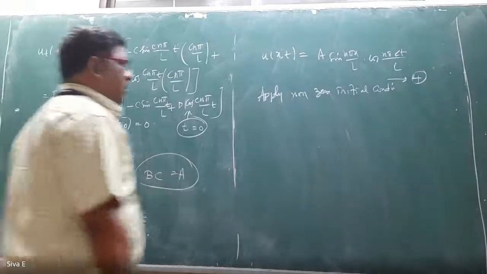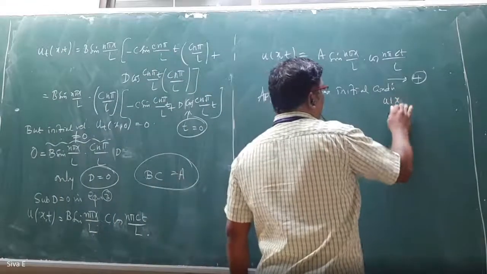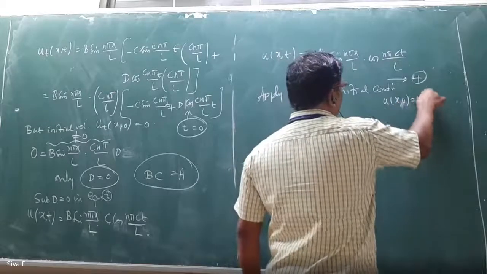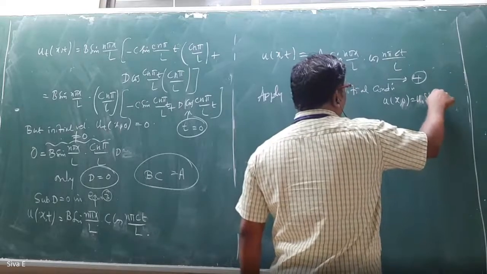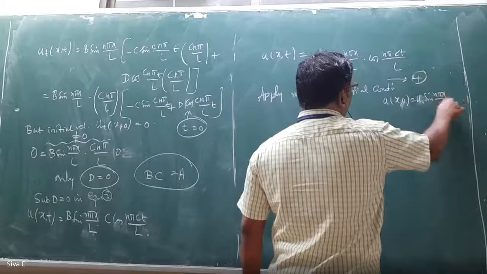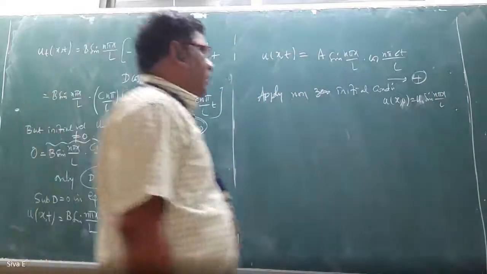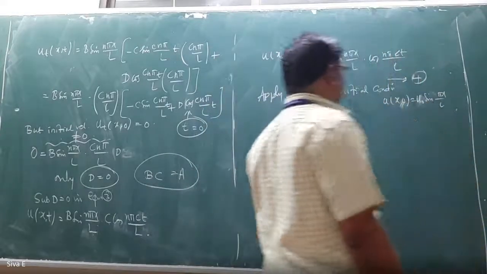What is the non-zero initial condition here? u of x comma 0 equal to u naught sin(πx/L).